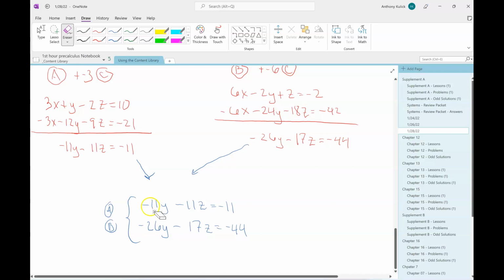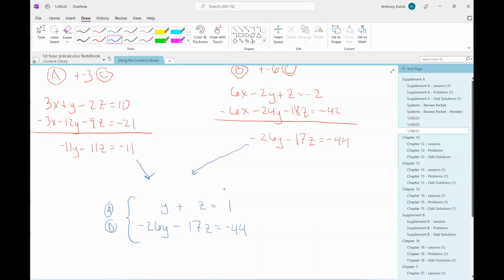What if I just divided that whole equation by negative 11? That'd be a heck of a lot easier to use, right? Keeps the number smaller. That's fine to do. So I'm going to take that little shortcut. I'll put a note here that we just divide by negative 11.